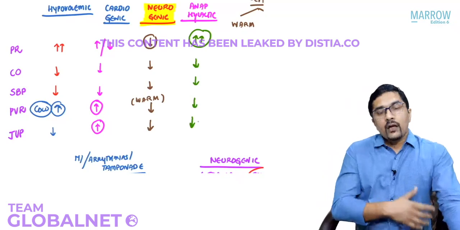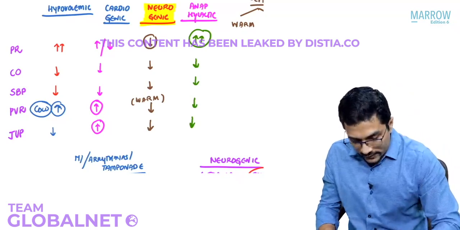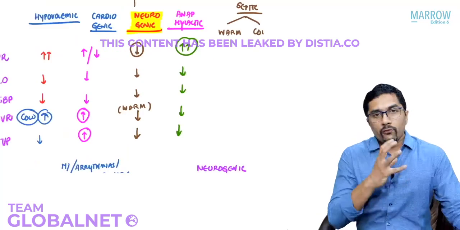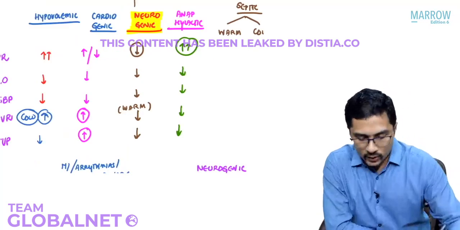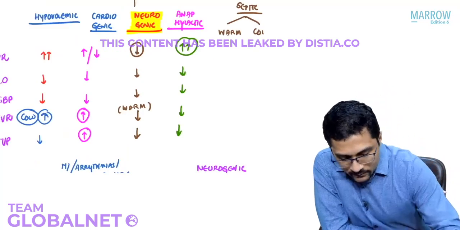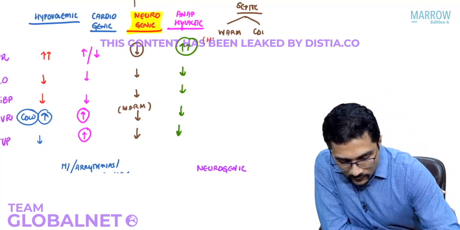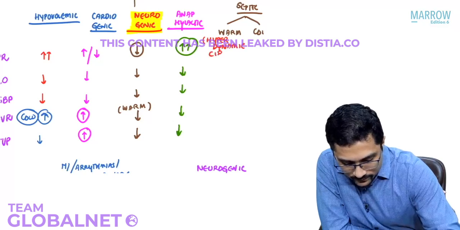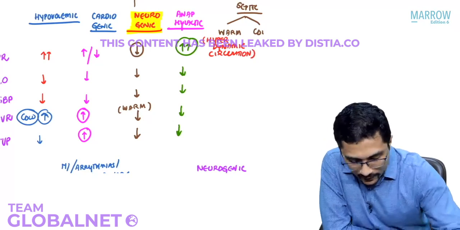Okay. Moving on to septic shock. Septic shock, you have two phases of septic shock. So in the warm phase of septic shock, I just want you to remember one term. The term which I want you to remember in warm septic shock is hyperdynamic circulation.